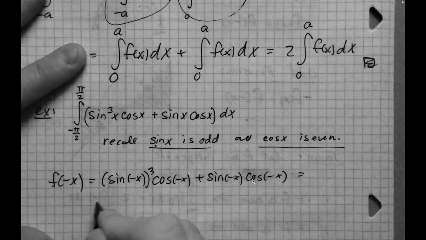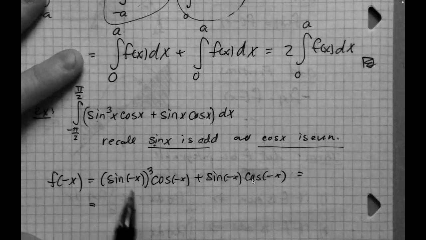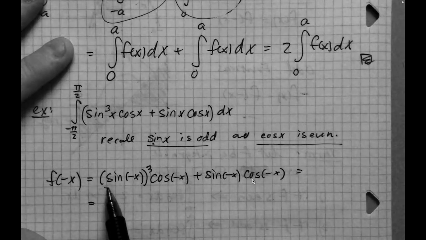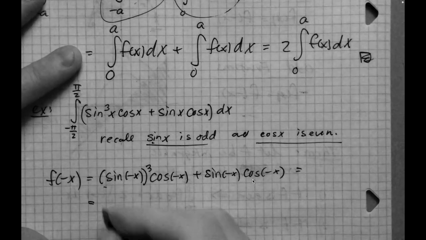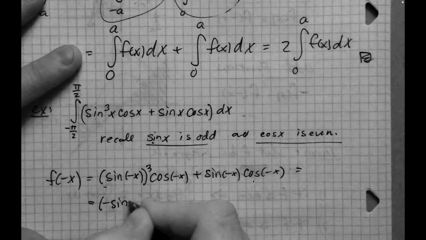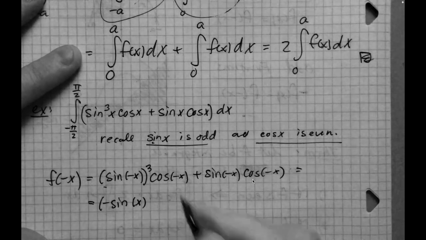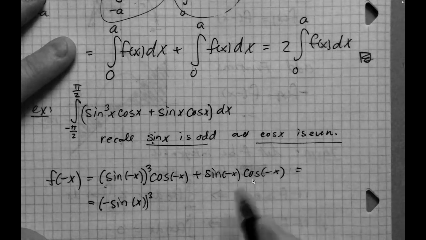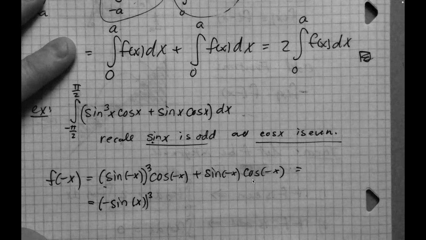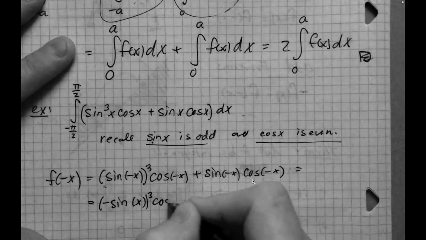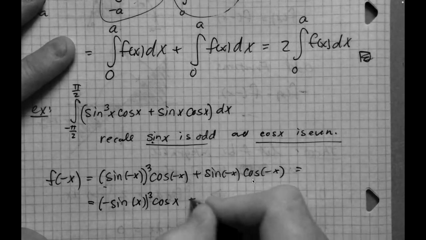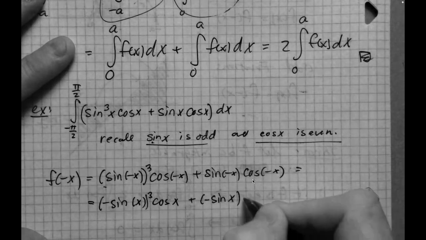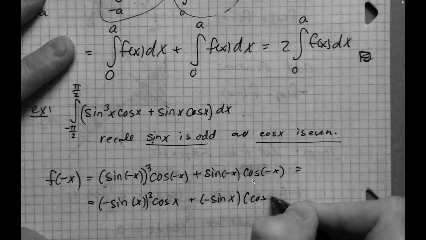Okay, just plugging in negative x. Now, sine of x is odd, so sine of negative x is equal to negative sine of x. Cosine of x is even, so cosine of negative x is just cosine of x. So this would be negative sine of x, and this would be cosine of x.